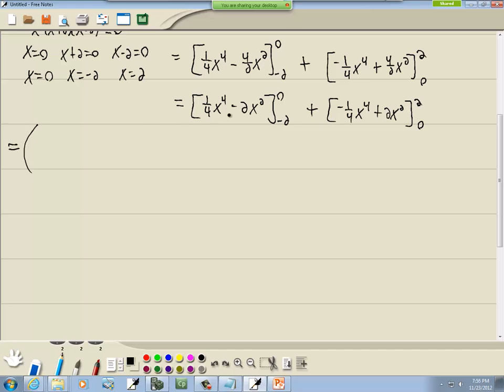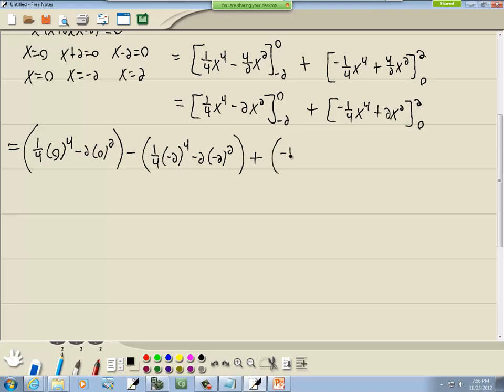So in this first one, we're going to plug in 0. So we've got 1/4 times 0 to the fourth minus 2 times 0 squared, minus, and then we got 1/4 times -2 to the fourth minus 2 times -2 squared, plus, and then this one.